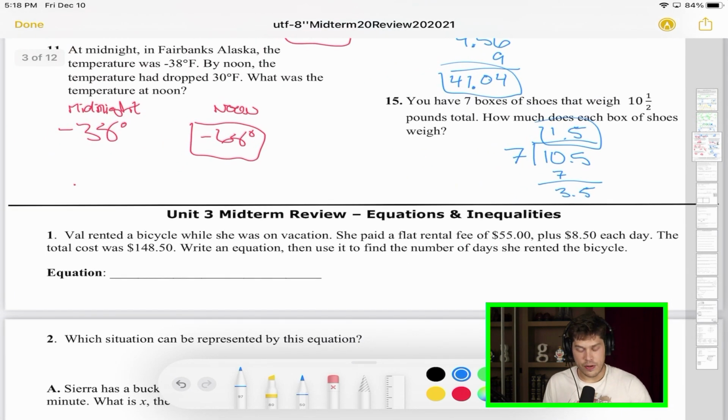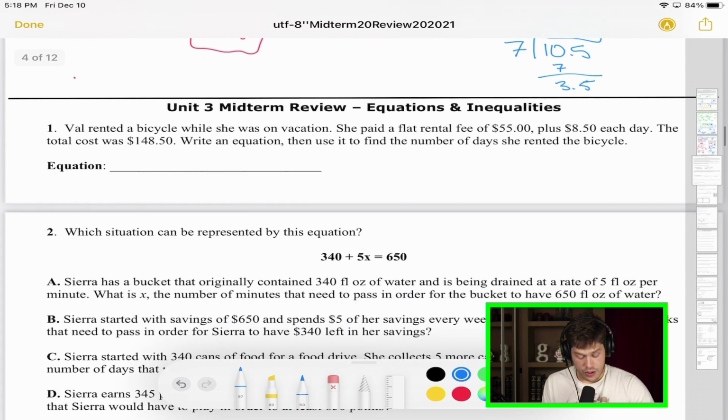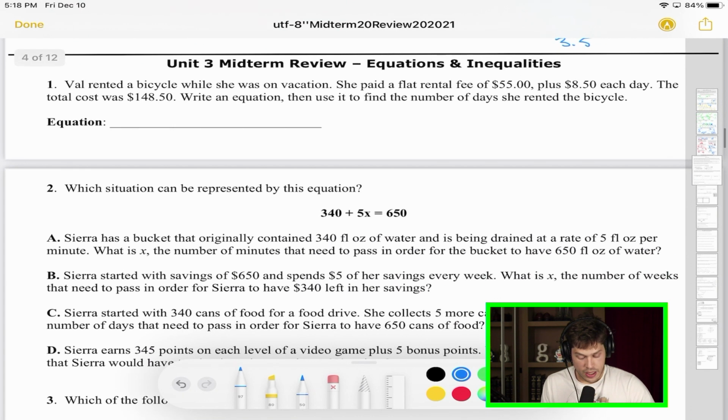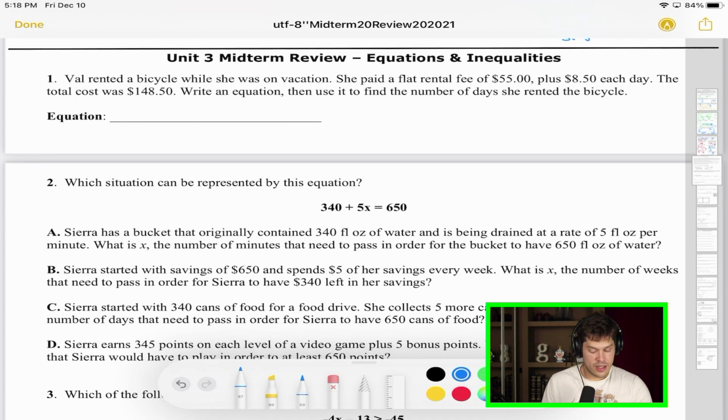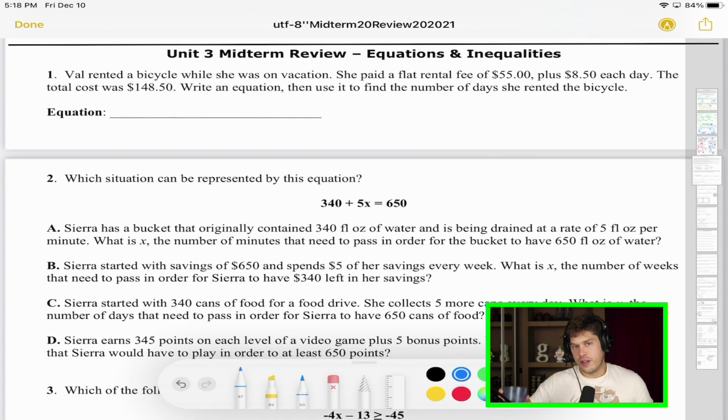Okay, very good. That was part 2, or unit 2. Now we're on to unit 3, equations and inequalities. Very good. Unit 2 was pretty easy. I hope you guys are feeling confident about these tests. These problems are just going to get harder as we go, because this semester is progressing.